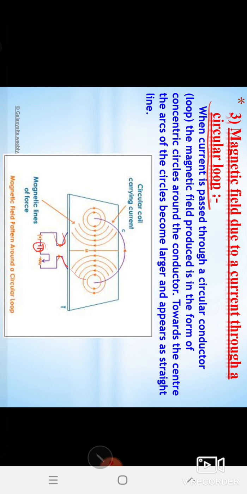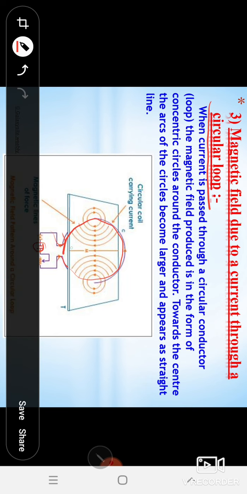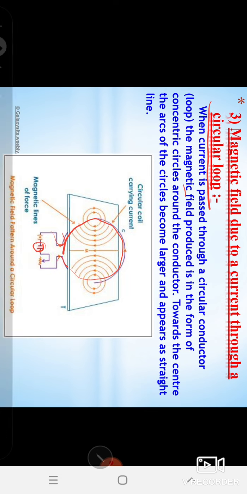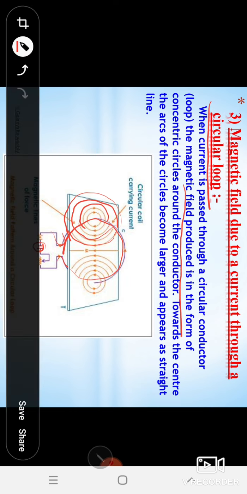If we pass the current in circular form, the magnetic field produced is in the form of concentric circles. See here in this diagram, the magnetic field produced is always in terms of concentric circles.